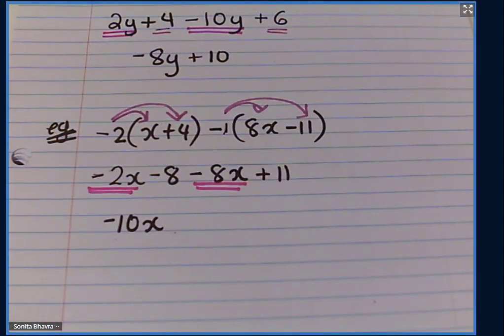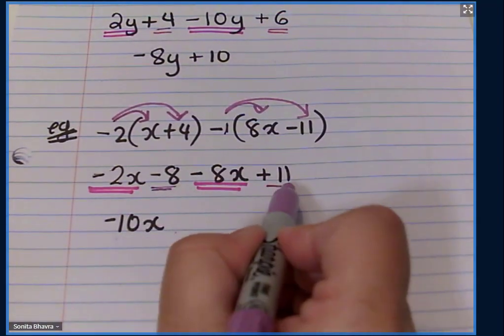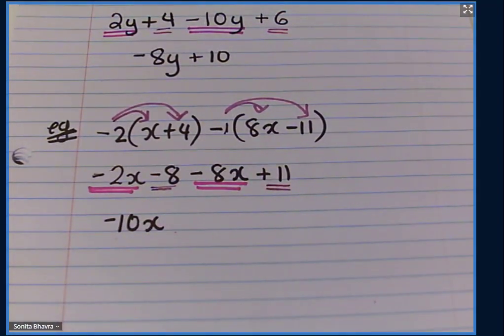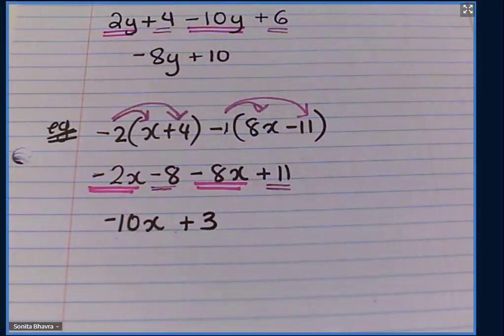All right, negative 10x, and then we have our second term, we can collect these ones here, the negative 8 plus 11, which gives me plus 3. So the answer is negative 10x plus 3.